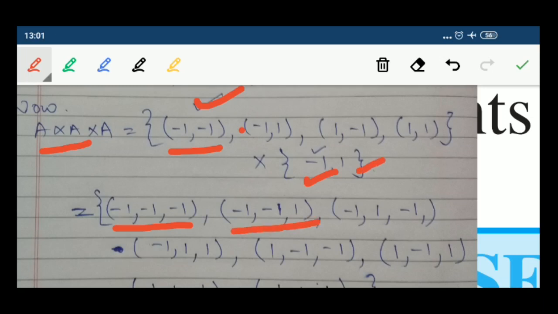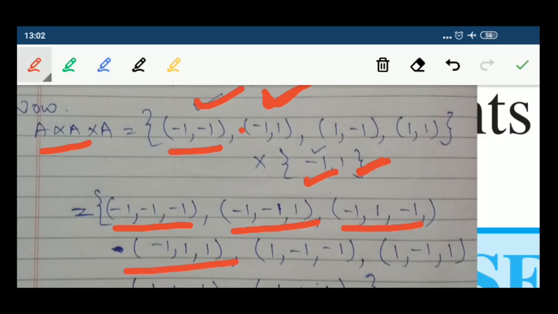After that you will take the next pair of A cross A, and then we will get (-1, 1, -1), and again you will take (-1, 1) and place it with this one, and you will get this one.